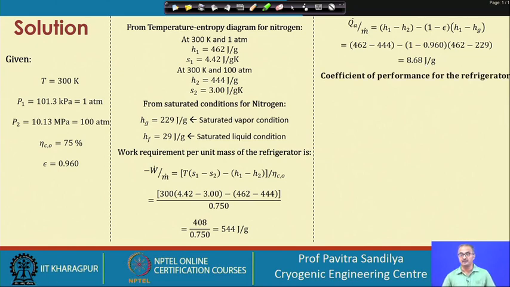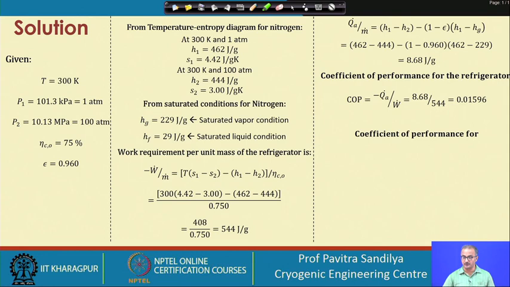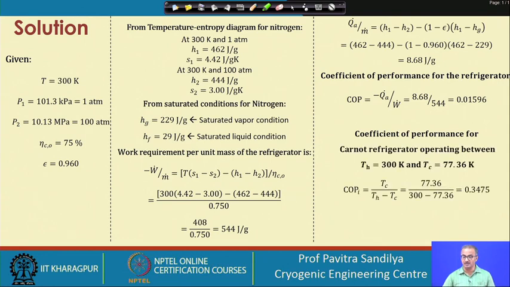Now, to find the coefficient of performance, we know it is equal to the heat absorbed divided by the work done on the system. We again plug in the values, and we find the coefficient of performance comes to this value. To compare how good or bad it is, we compare it with the ideal value of the COP, that is for the Carnot refrigerator, COP ideal equals Tc by Th minus Tc.